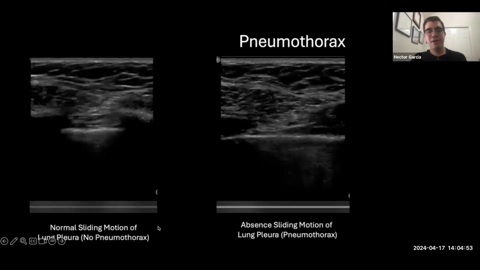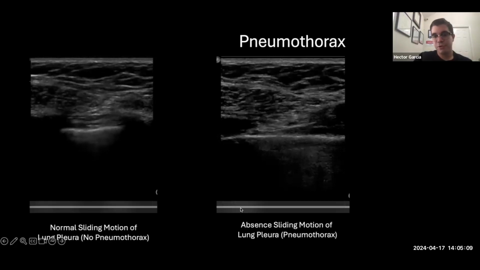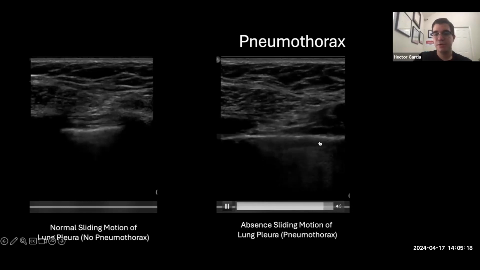How can ultrasound be used for pneumothorax? First, when someone is normal and doesn't have a pneumothorax, we see that there is motion of the lung pleura, as we can see in this image. However, in someone with a pneumothorax, the lung pleura does not move. I actually got to see this in the CICU.